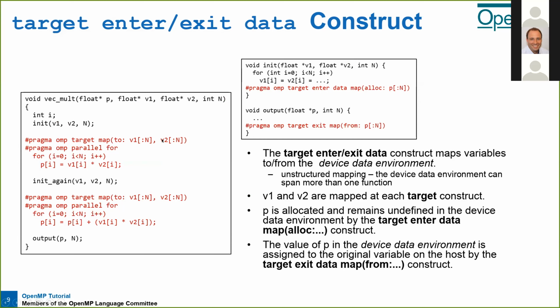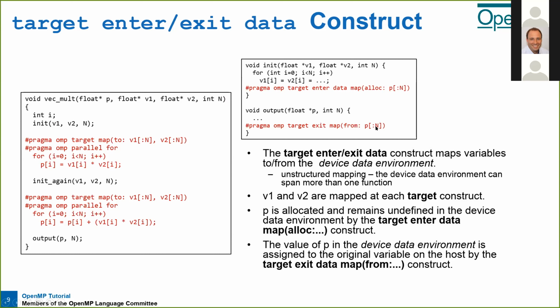Again, V1, V2 have to be copied from the host to the device because of the special way this code is being written, or whatever has been assumed behind this example. We execute the kernel, and then we have the init again. So we have to update V1 and V2. We have to map it again, and then there's an output routine which contains a target exit.